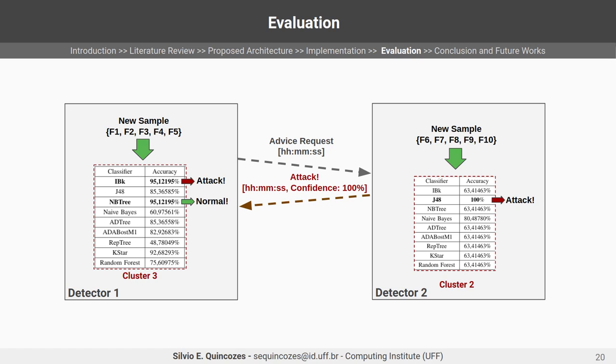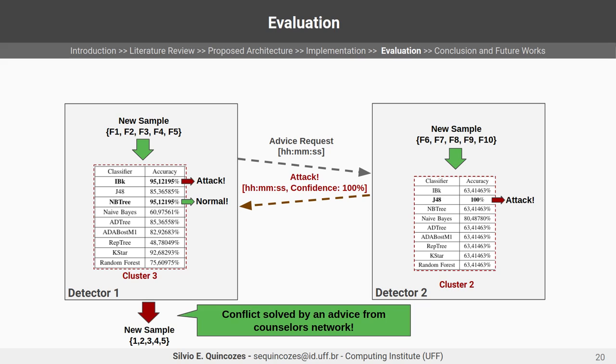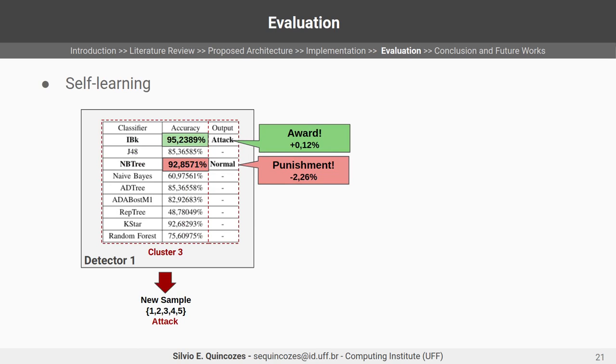In addition, this response will have a confidence of 100 because J48 scored 100 in its evaluation step. This is the accuracy of the J48 classification algorithm in the evaluation step. So the conflict was solved, the correct classifier was awarded, and the wrong classifier was punished.